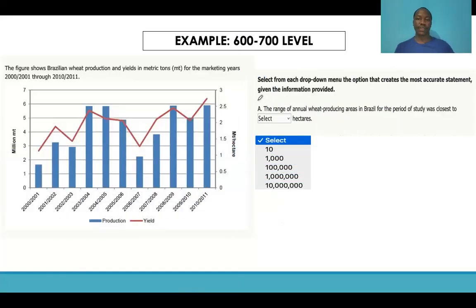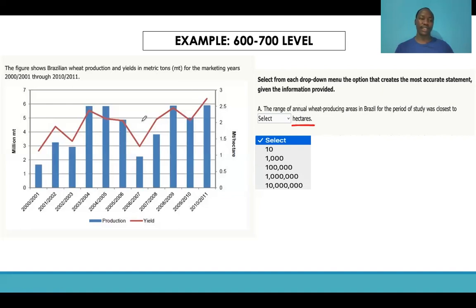The first question reads: select from each drop-down menu the option that creates the most accurate statement given the information provided. A, the range of annual wheat producing areas in Brazil for the period of study was closest to dash hectares. The important thing to note here is hectares.